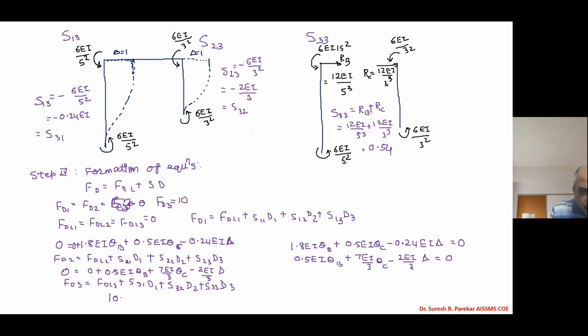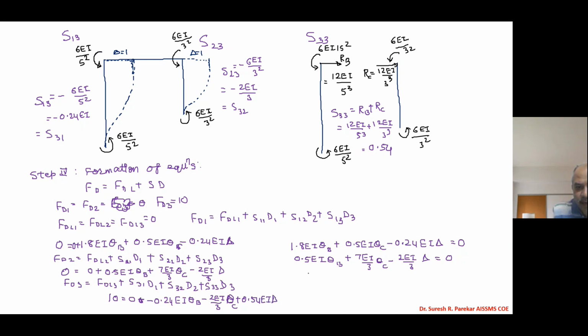So 10 is equal to 0 plus S31, which is minus 0.24 EI theta B, then S32, which is minus 2 EI by 3 theta C, and S33, which is plus 0.54 EI delta.